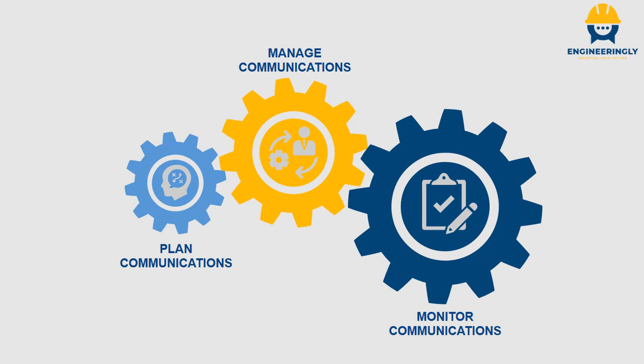The next stage, which comes under the monitoring and controlling process group, is monitoring the communications. At this stage, the project manager should ensure that the communications are made based on the predefined criteria, which is described in the project communications management plan.